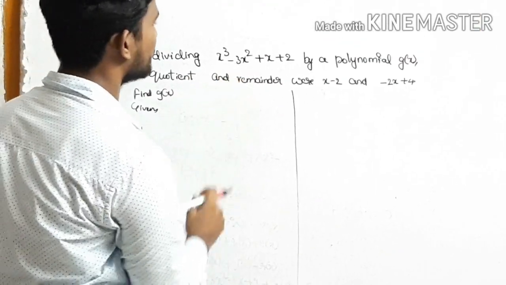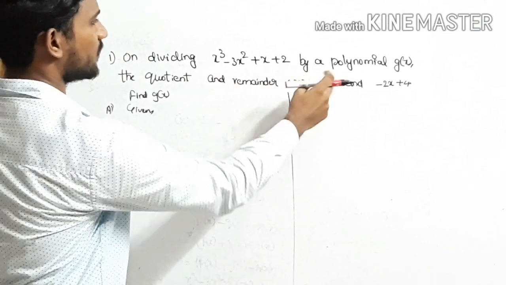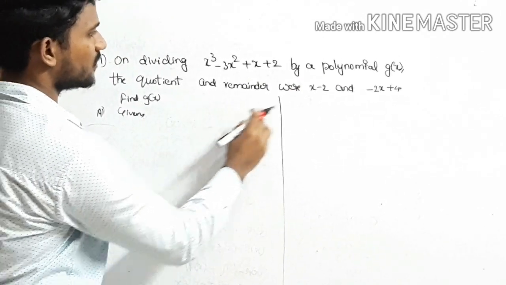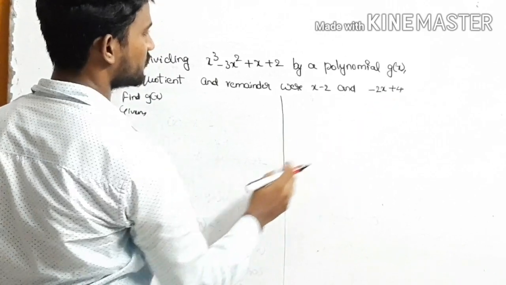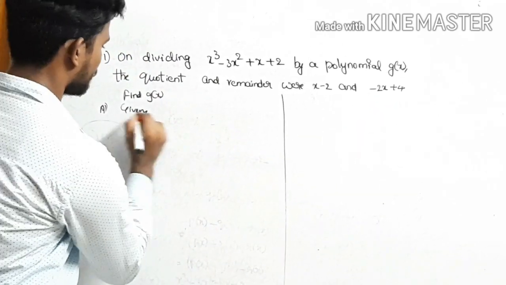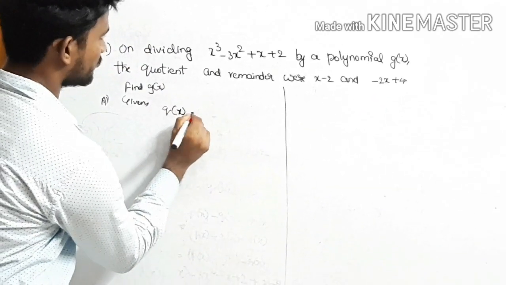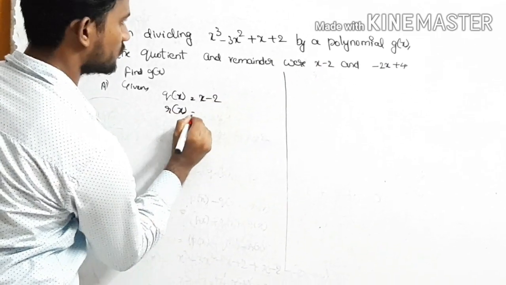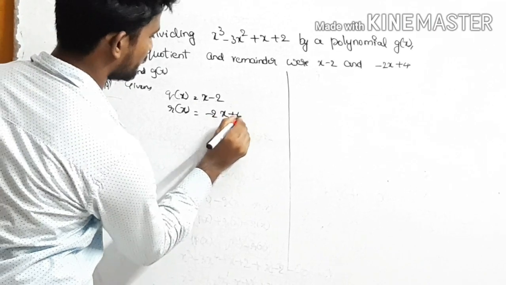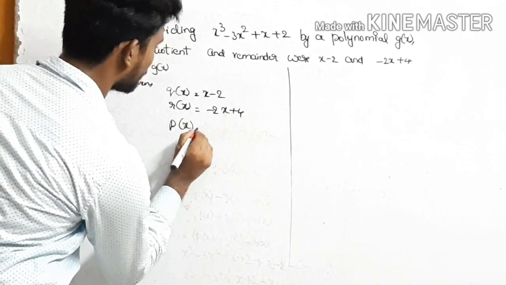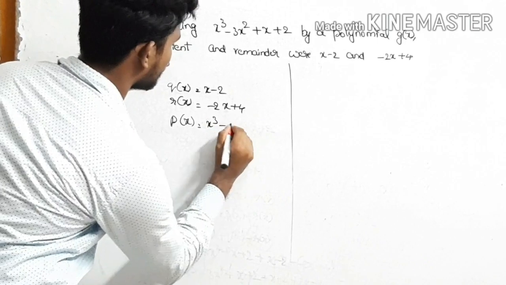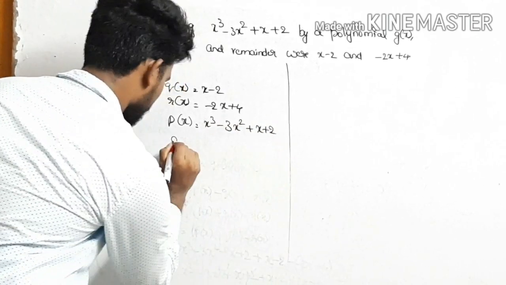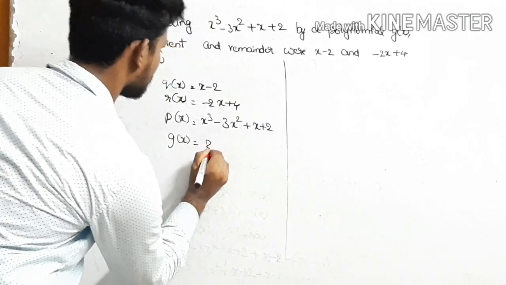Dividing x³ − 3x² + x + 2 by a polynomial g(x), the quotient and remainder were x − 2 and −2x + 4. Find g(x). First, given q(x) equals the quotient x − 2, r(x) equals −2x + 4, and p(x) is x³ − 3x² + x + 2, and then find g(x).